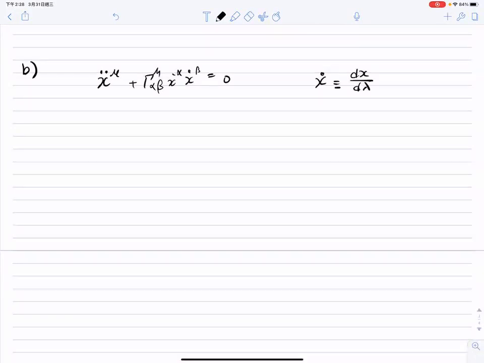So what is the answer? You just plug in all the things, when mu equals r and mu equals phi.